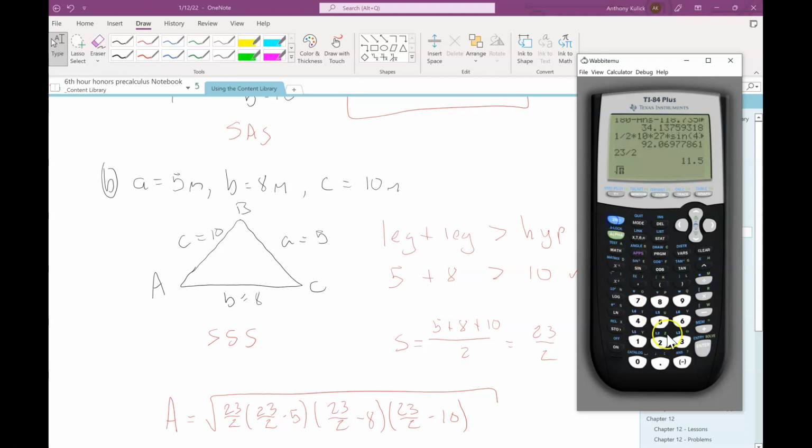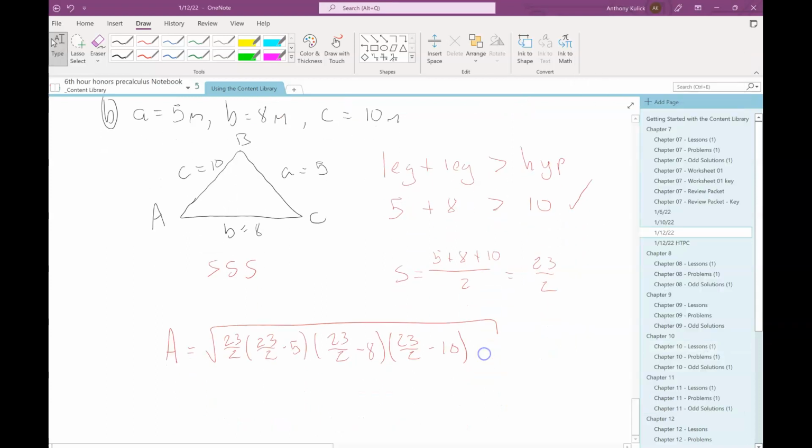So I'm just going to do ANS times ANS minus 5 times ANS minus 8 times ANS minus 10. So 1981. And I think the units there we gave were meters, so those would be square meters. No biggie, right? Area problem's pretty easy. Lot shorter comparison than the previous problems were anyways.